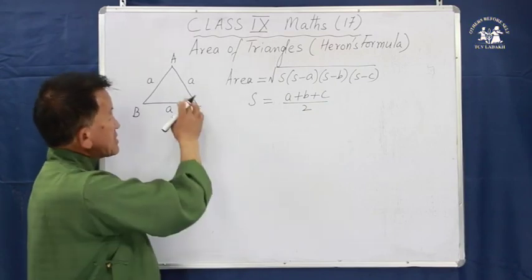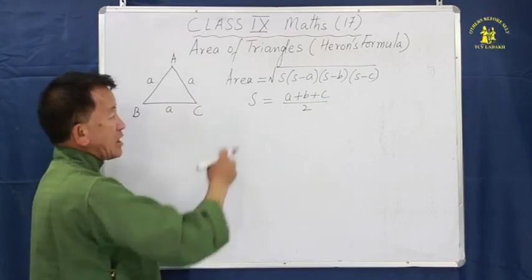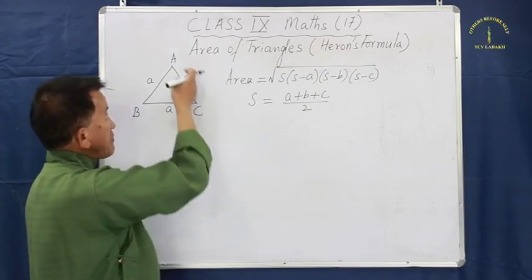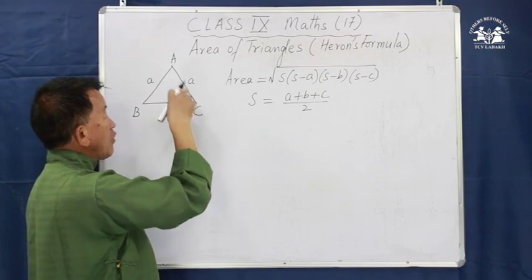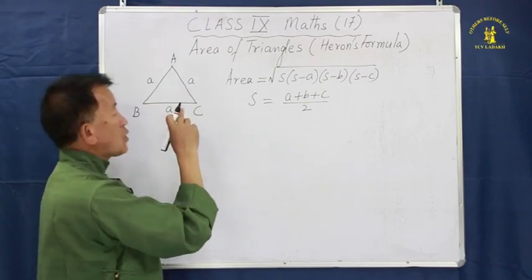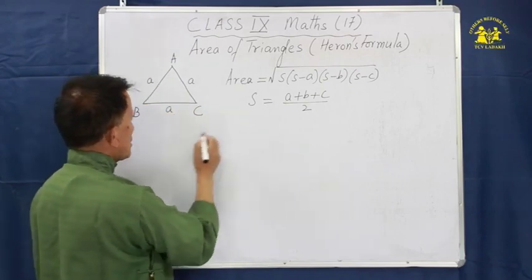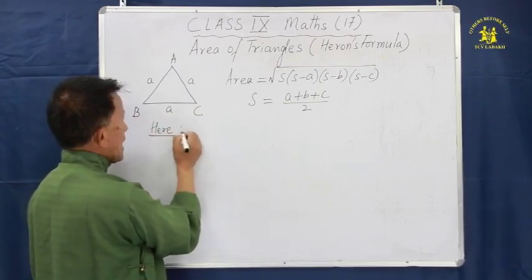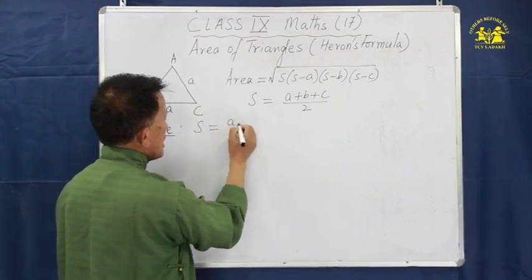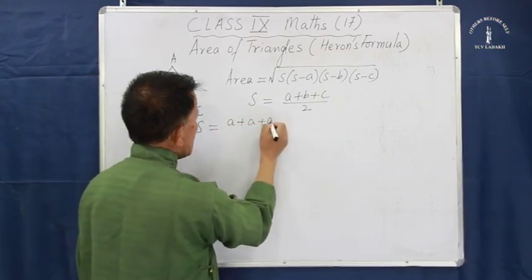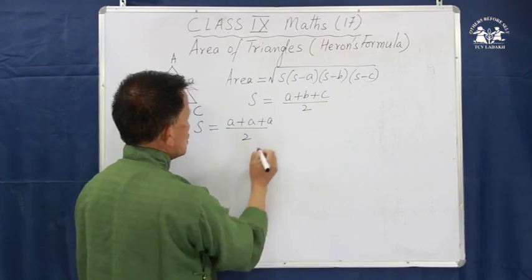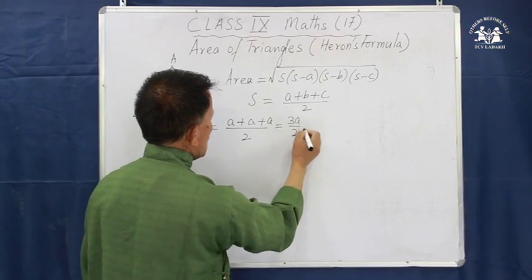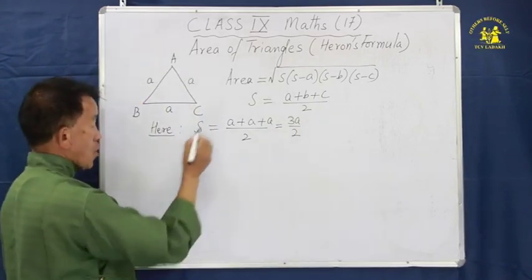So in this case, for an equilateral triangle, using this formula, let's derive the formula for finding the area of an equilateral triangle. So here S is equal to A plus A plus A divided by 2, that is 3A divided by 2.